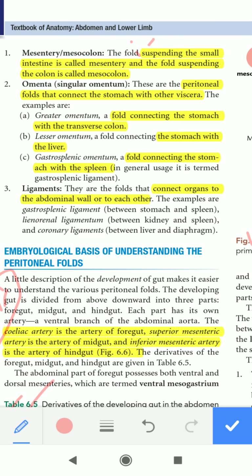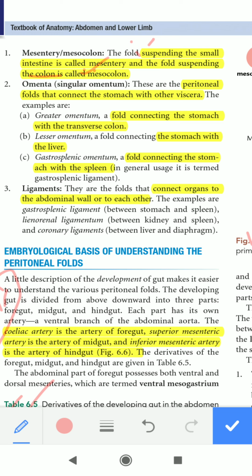The peritoneal fold that suspends the colon or large gut is known as the mesocolon. Same thing, but according to the position their names are different.